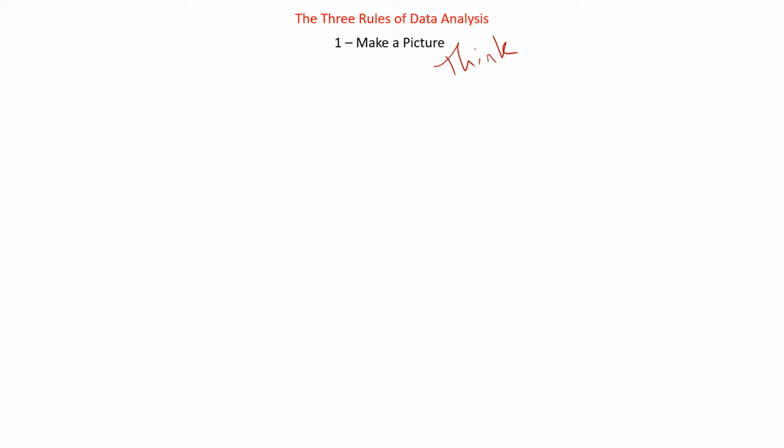The second thing you're going to do is make a picture. When you make a picture, it's going to show you things that you won't see in just the data or the tables. And in fact, different kinds of pictures, graphs, will show you different things. So depending on what you want to see, you make different graphs.